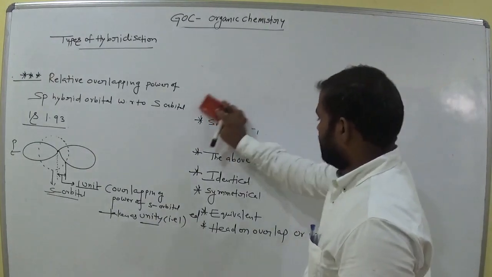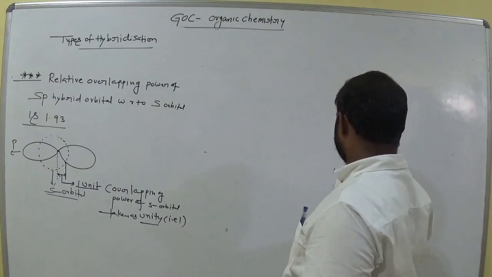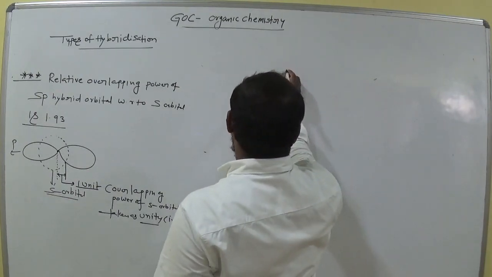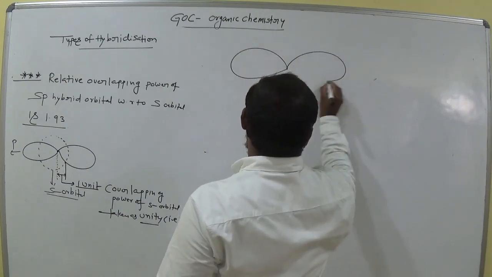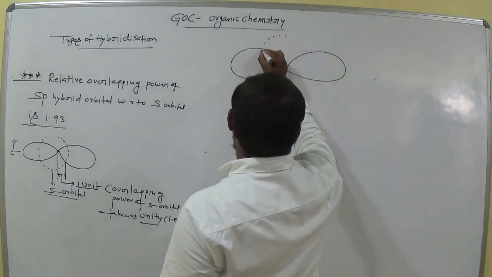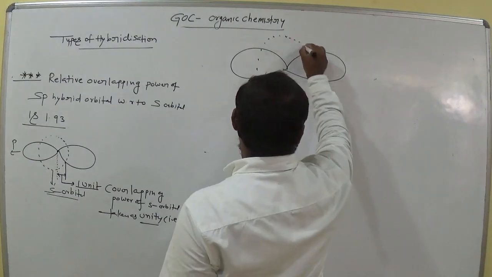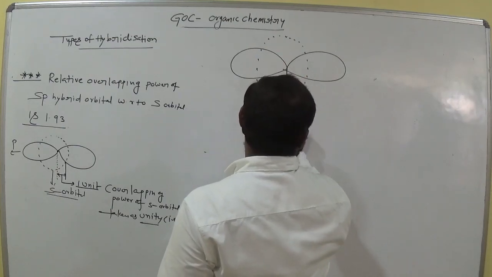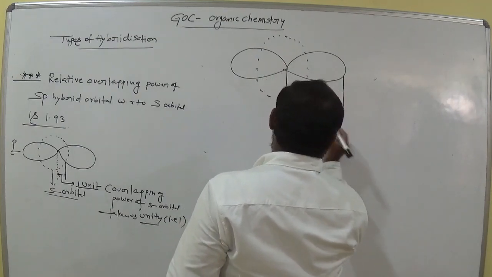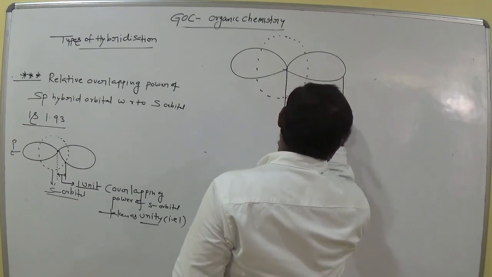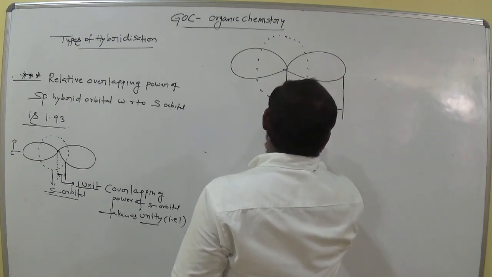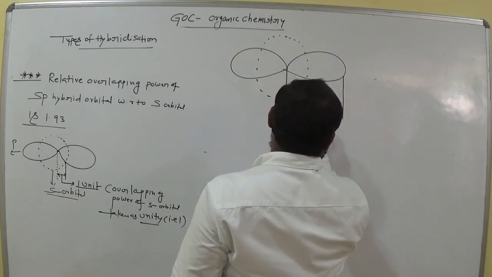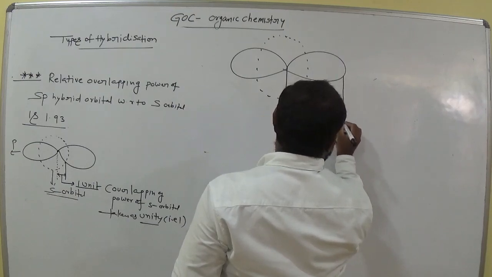Now come to the p orbital in that same diagram. From this point up to the p orbital, this is 1.73 for the p orbital overlapping power.